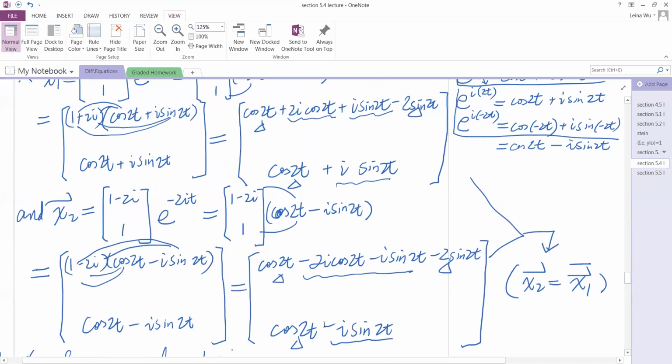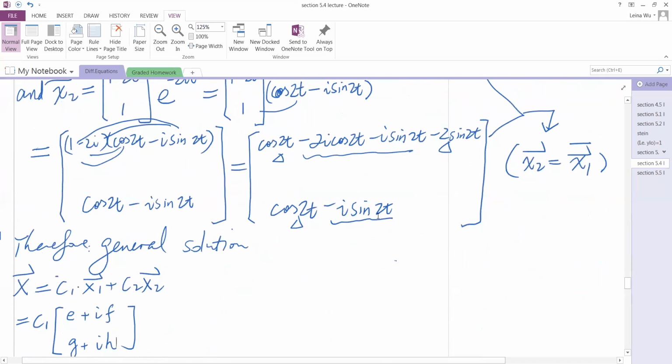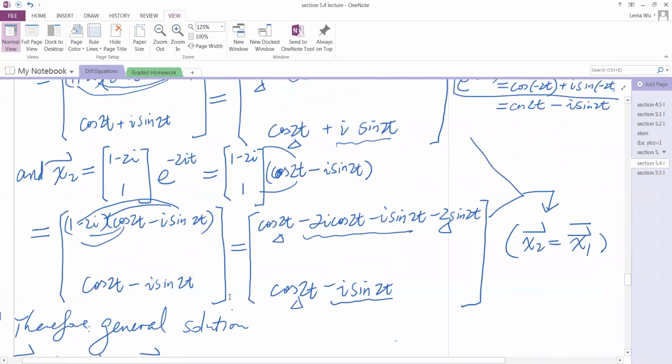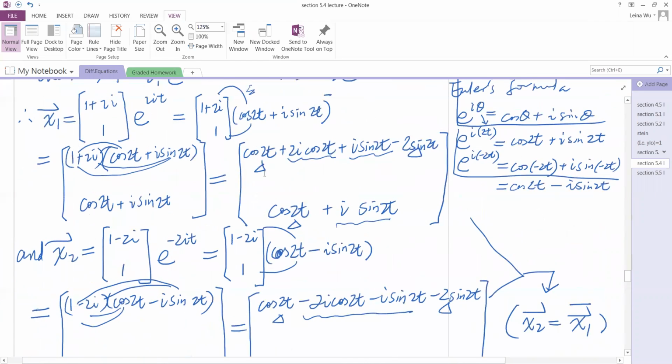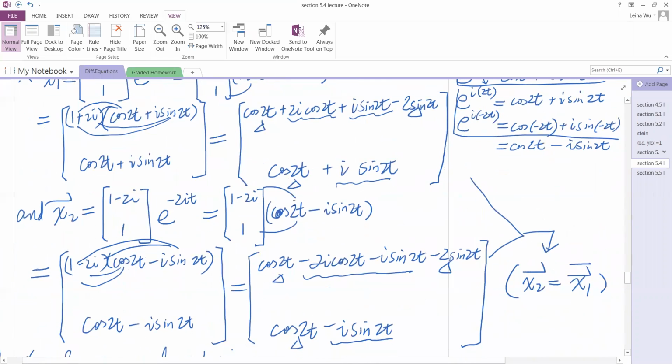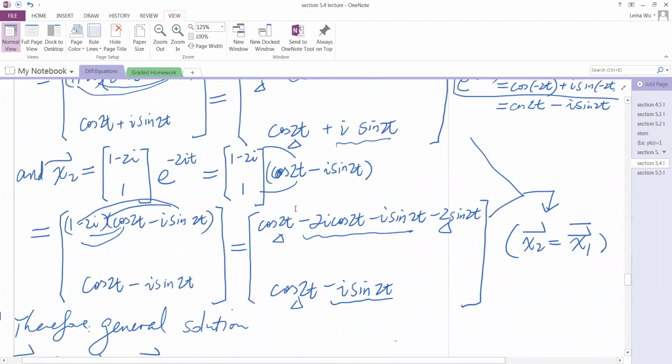Here, E, F, G, H are just representing these cosines and sines. You see what I'm saying? I'm going to say the first component is E plus iF, and the second is G plus iH.